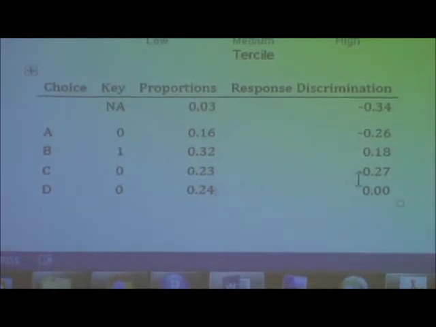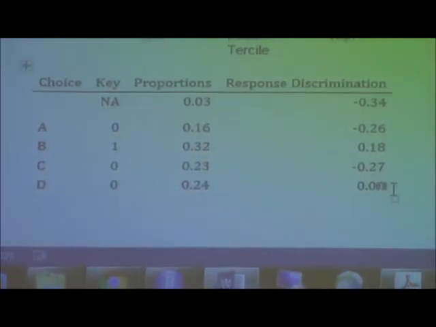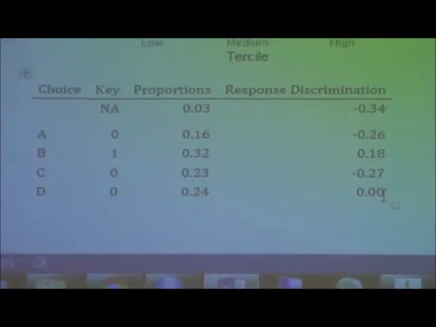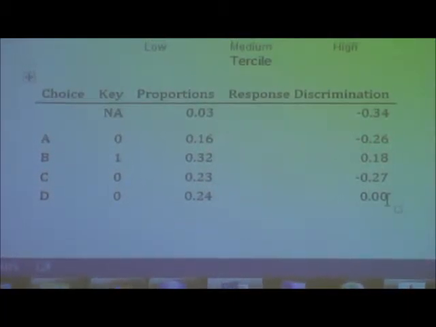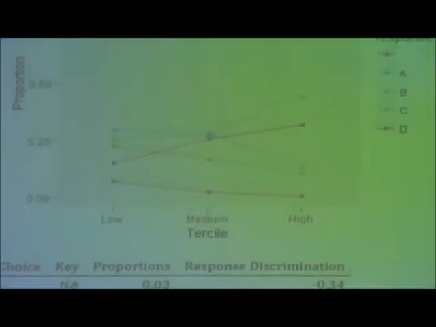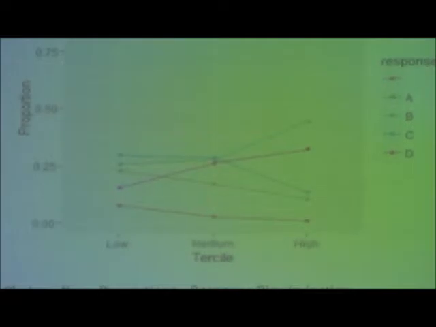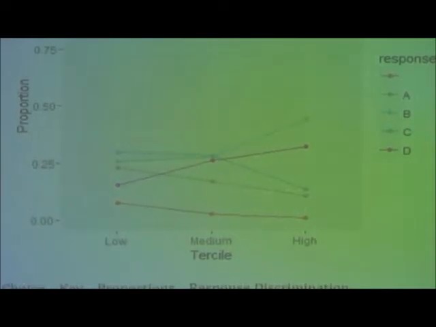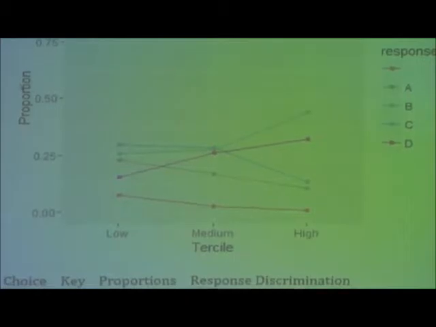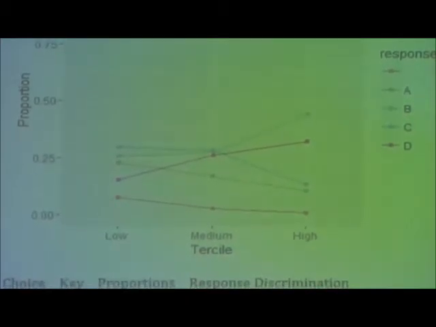A lot of students are choosing it and it doesn't seem to have any correlation with the total score at all. Some high ability students think D is the correct answer and are getting it wrong. So maybe there's a problem with B and D, or a misperception from high ability students that D is the correct answer. We need to go back, maybe reword it, check it out, and fix this item.